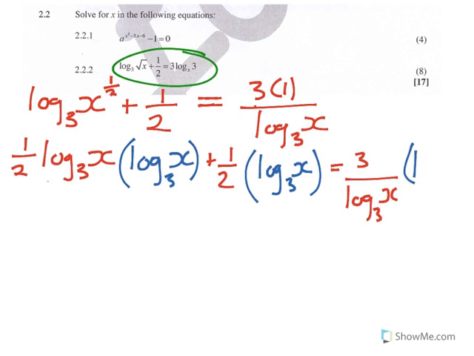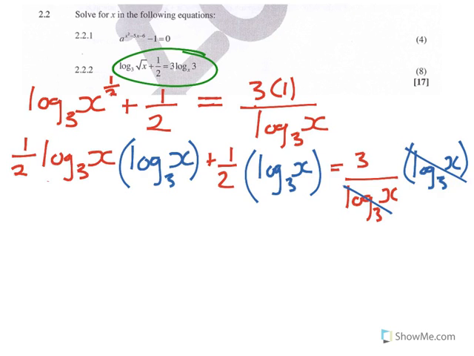Remember, I'm multiplying everything by log base 3 of x. So according to the distributive law, we multiplied everything by log base 3 of x. Now in this case we can cancel that because we're trying to remove that fraction. Then we have half log base 3 of x multiplying log base 3 of x, plus half multiplying log base 3 of x.